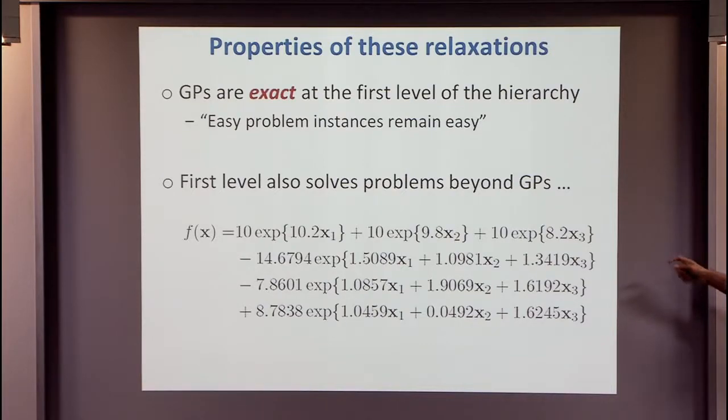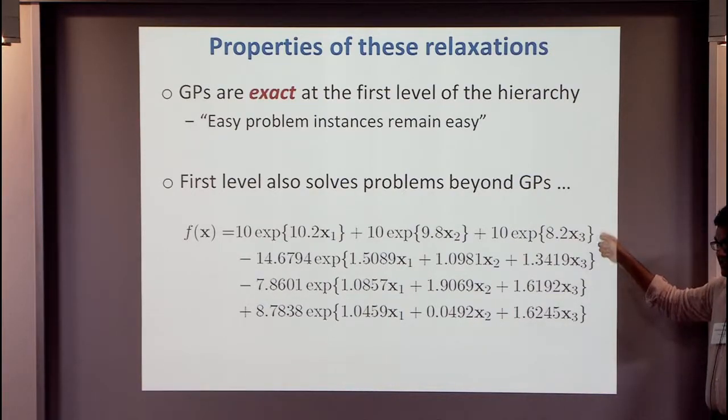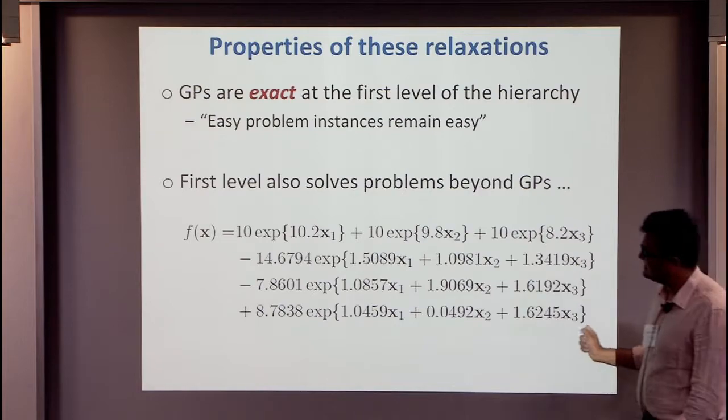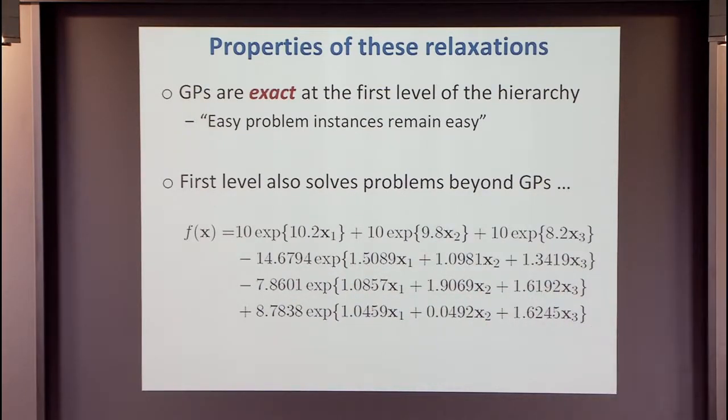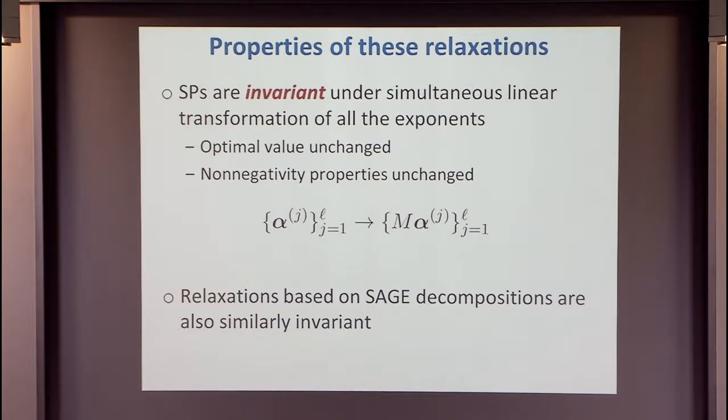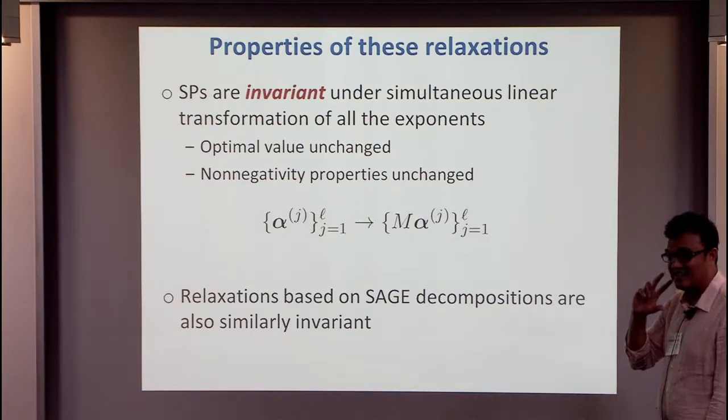But the first level also solves problems that go beyond GPs. So this was an example that we were able to minimize with more than 0 negative signs. There are 2 negative signs there. So we do end up solving problems beyond GPs. SPs, signomial optimization problems, also have a nice invariance property.